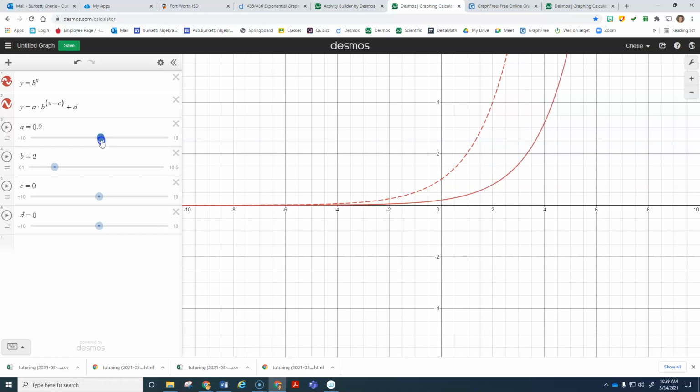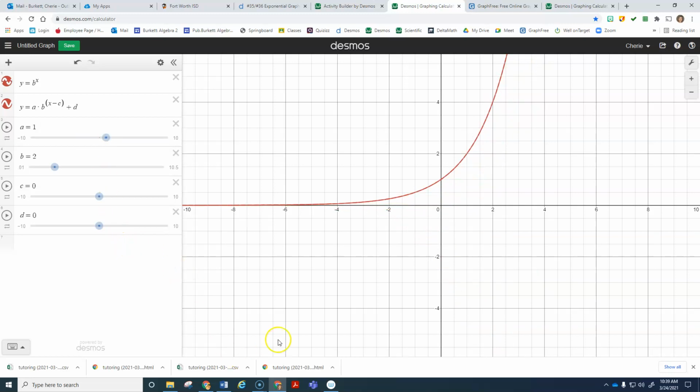And it doesn't matter whether it's a positive A or a negative A, those compressions and stretches still happen. Here's where A is -1, and if I'm a decimal, I'm closer to that x-axis. I'm vertically shrinking, but if I'm a number bigger than 1, I'm stretching.